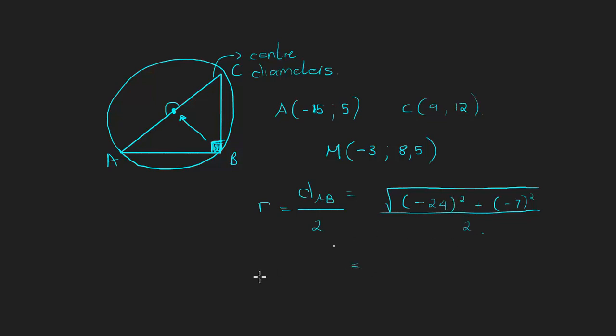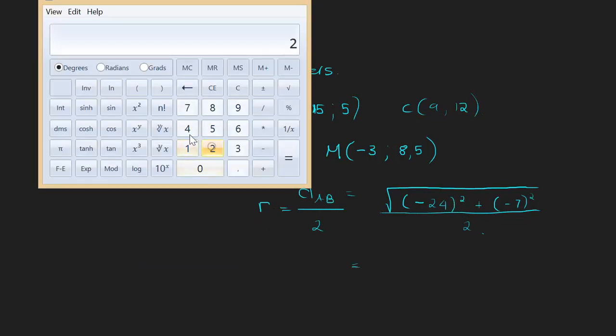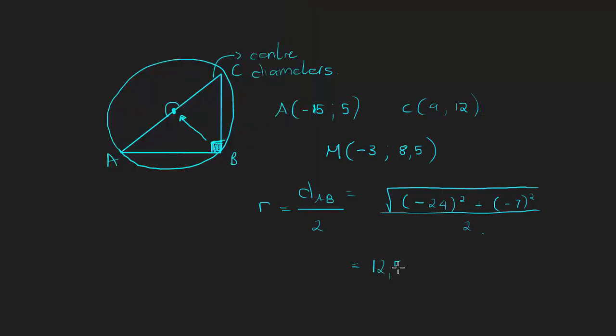So what do we get? 24 squared should be 576, plus 49. It equals 625. That actually is a perfect root. So 25. 25 divided by 2 is 12.5.